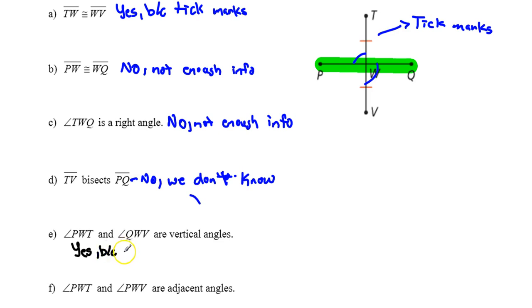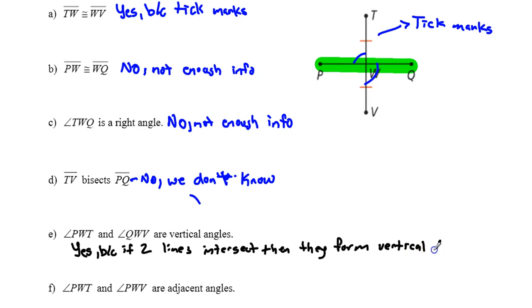Because if two lines intersect, then they form vertical angles. Well, we're going to leave out the congruent. We'll put that in later. If two lines intersect, then they form congruent vertical angles. All right. Yes. So that's what we're looking at. Two lines that intersect, congruent vertical angles.